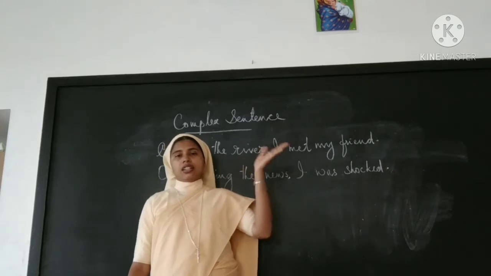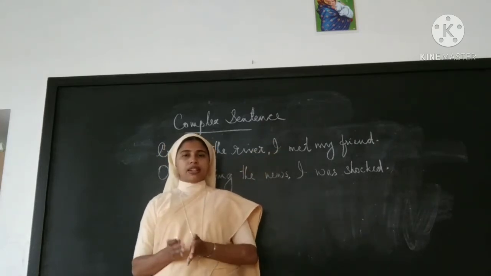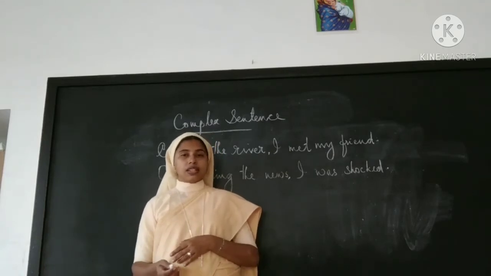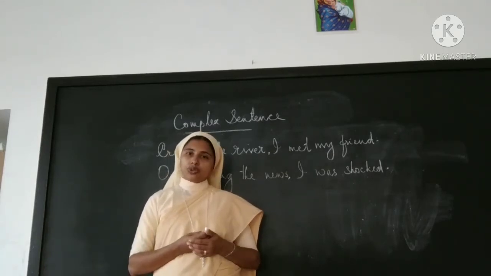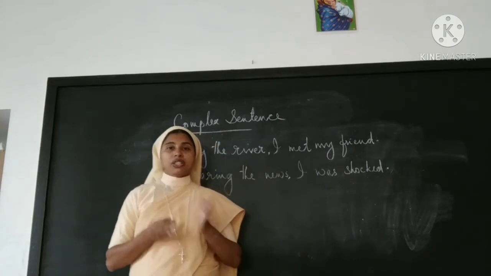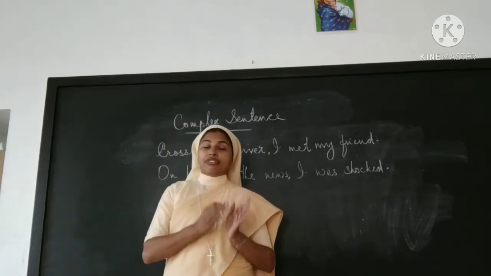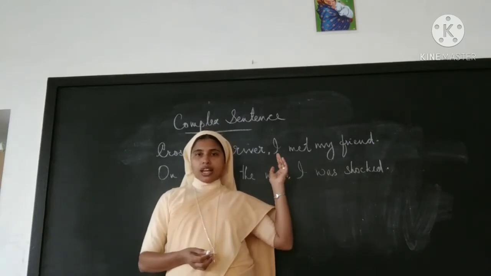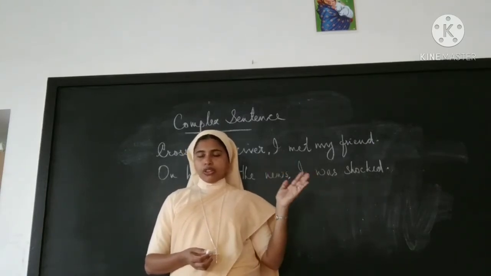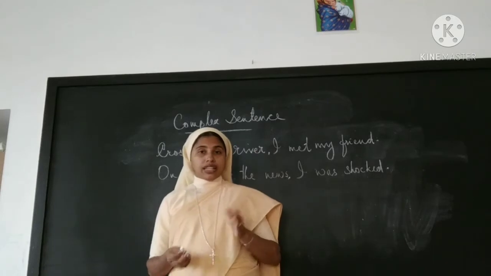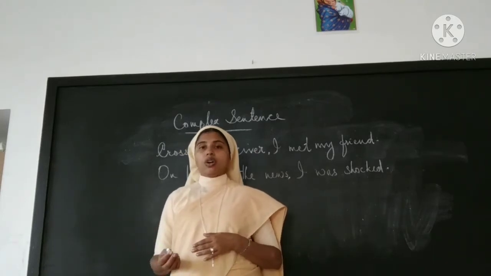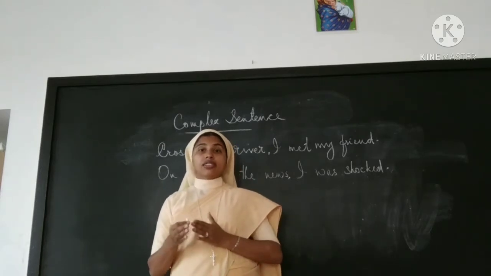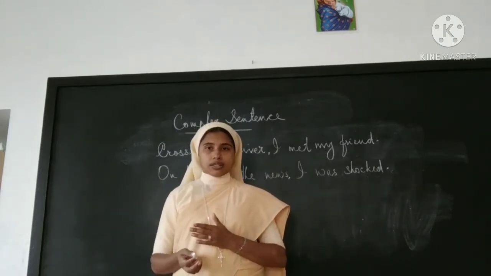When you make a simple sentence into a complex or compound sentence, what should you do? You have to develop the phrase into a clause. Already there is one clause and that should be the main clause. You must change the phrase structure into a clause structure.